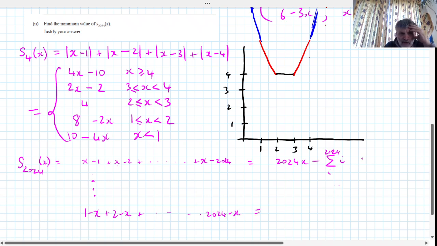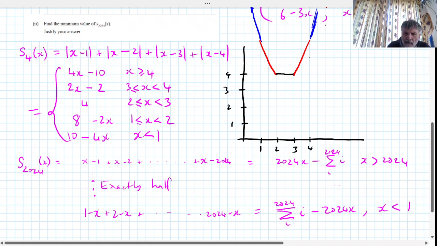So this is for x bigger than 2024, and you're going to get this one here, which is going to be this sum minus 2024 x's for x less than 1, and exactly halfway we will have the minimum.